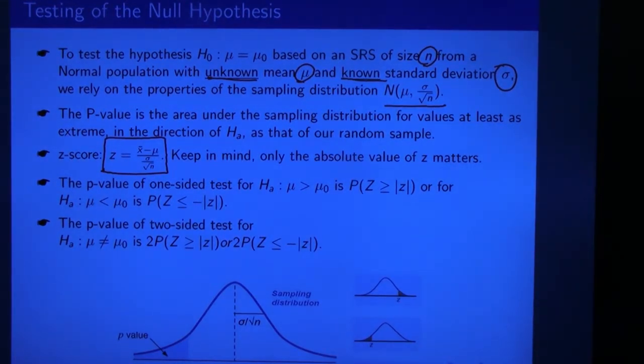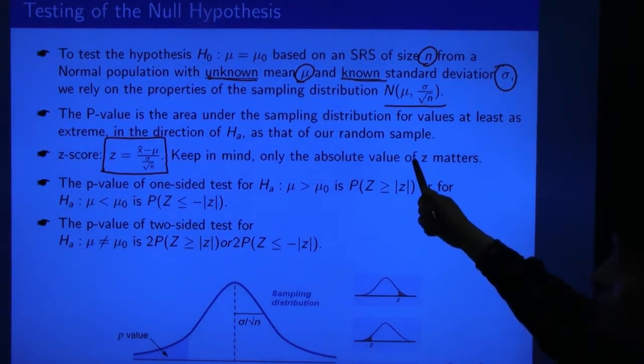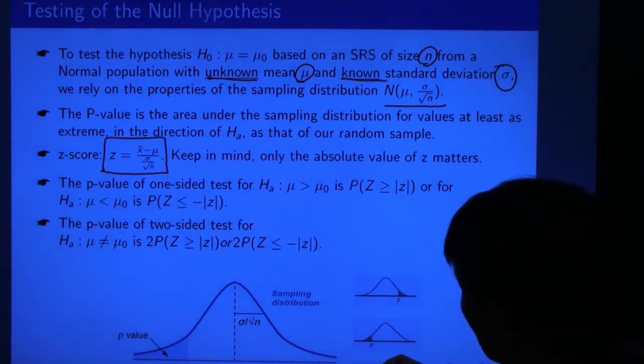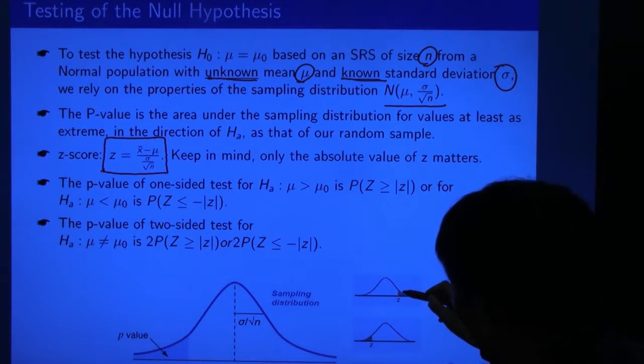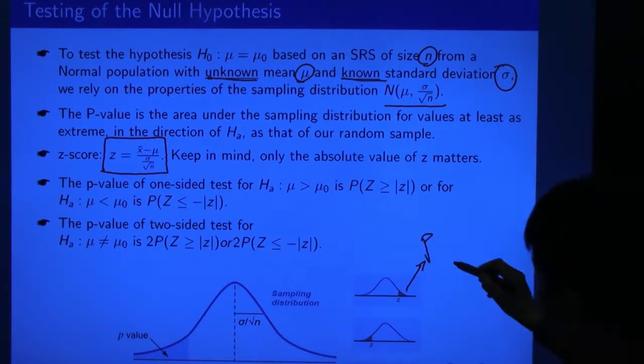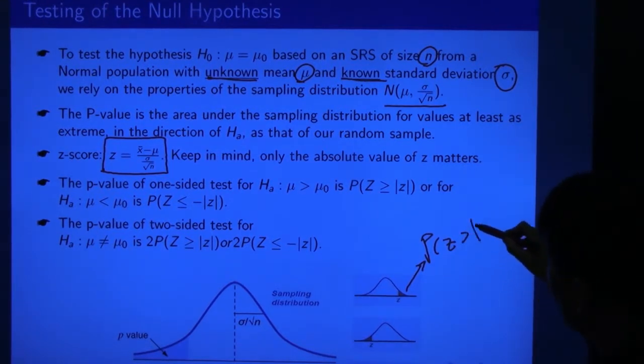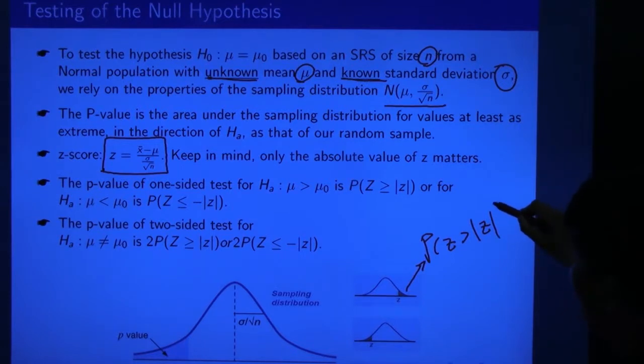No matter positive or negative, we always choose the positive. Greater than means to the right-hand side, so here. So this is the probability that z is greater than this absolute value.